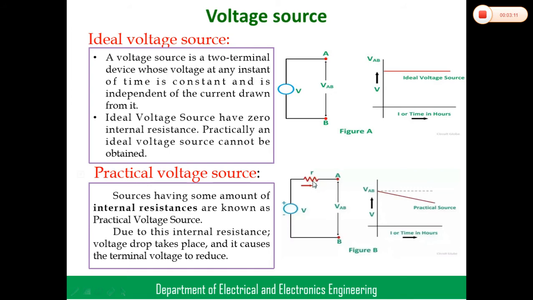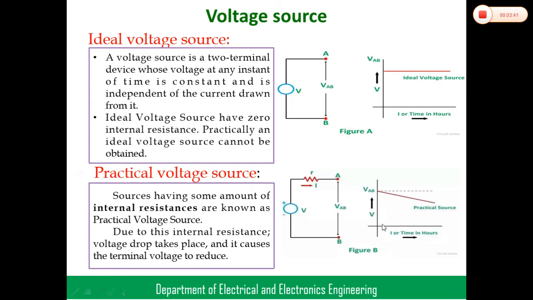Coming to the characteristics, as the current increases, the voltage drop occurs across the resistance, because according to Ohm's law, V equals IR.